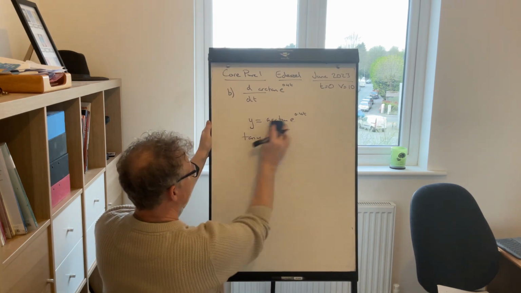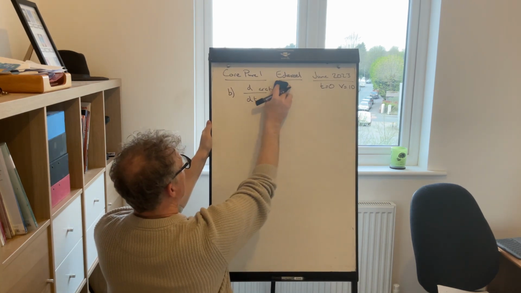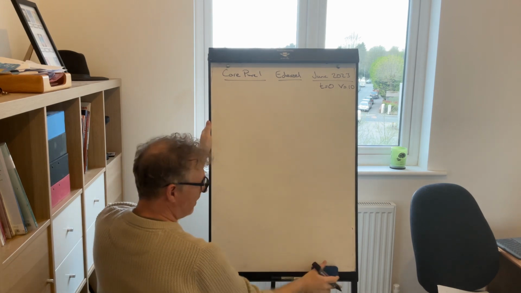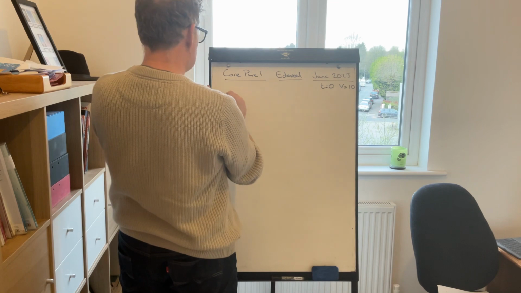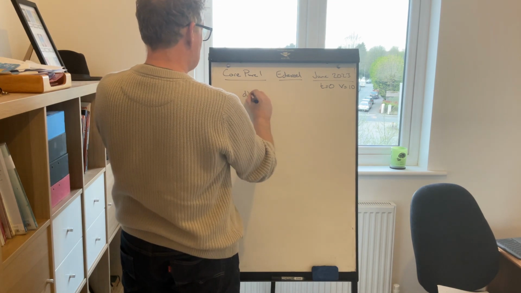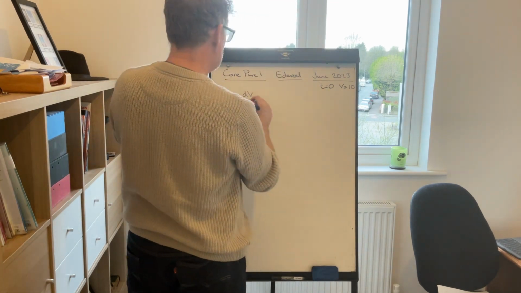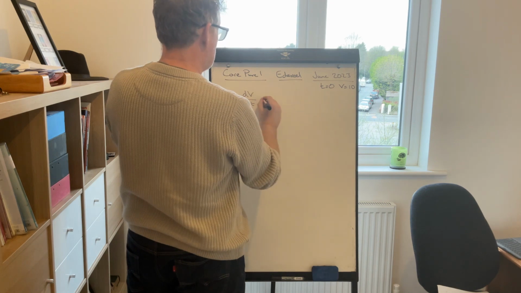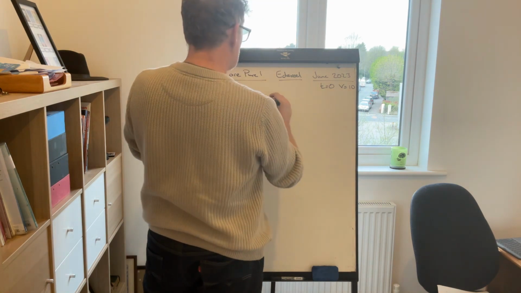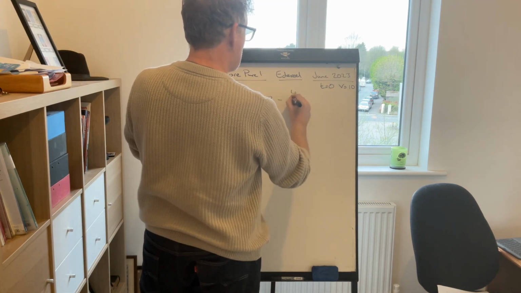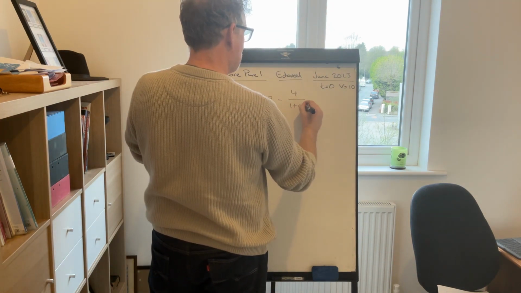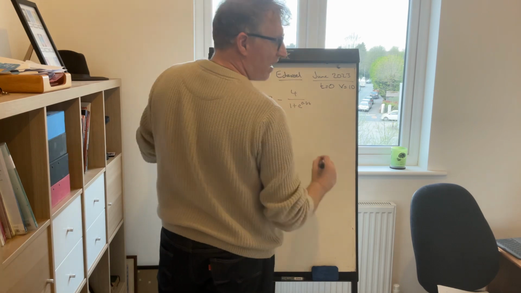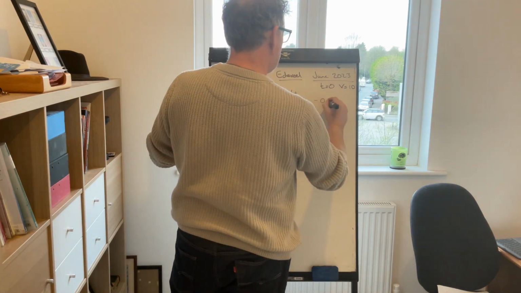Now, part C, let's solve that differential equation. It's a first order differential equation, so let me just write it out again. dv by dt equals 3 minus 4 over 1 plus e to 0.8t minus 0.4v.